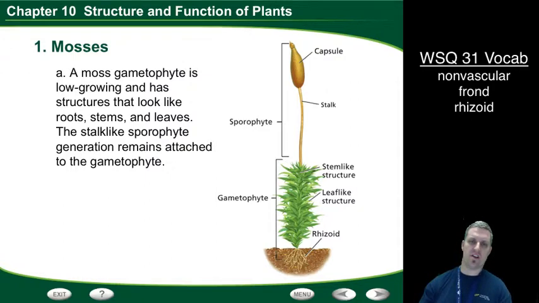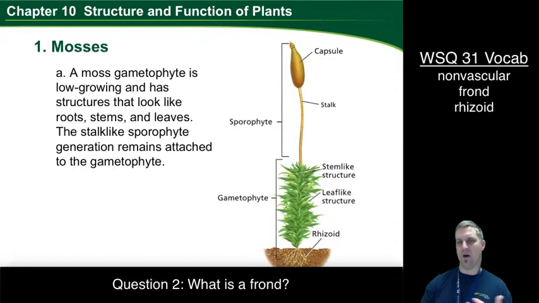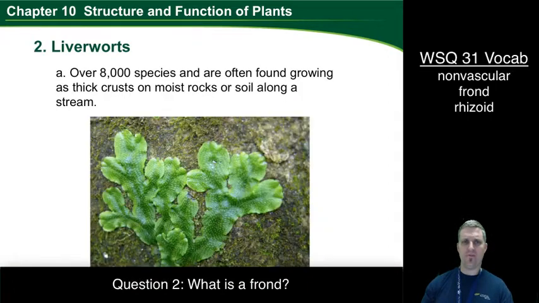So we'll notice on the right, the gametophyte stage of the moss would be this portion. This is what appears like the leafy part of the plant. The sporophyte stage is the actual stalk-like growth in which they produce the spores that are enclosed in the capsule, and those spores will be released. So that's how mosses and non-vascular plants grow.